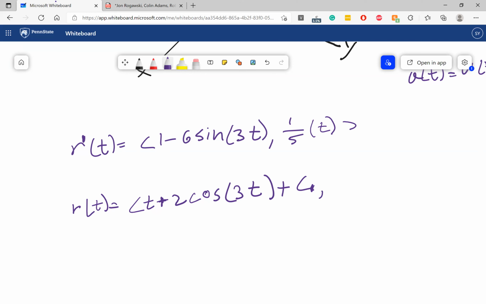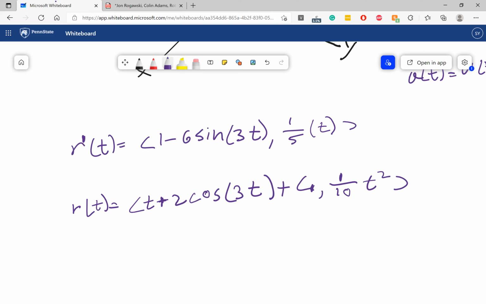And for the other one, we have 1 over 10 t squared, right? So what happens when we take the derivative? The 2 comes down, cancels, you get 1 over 5t. Any questions so far?